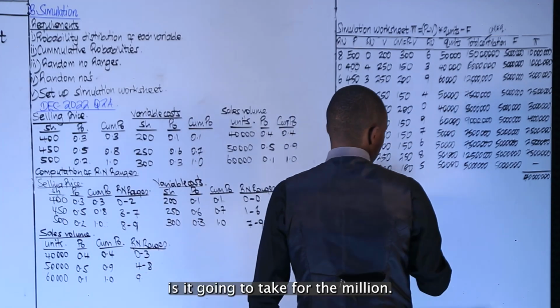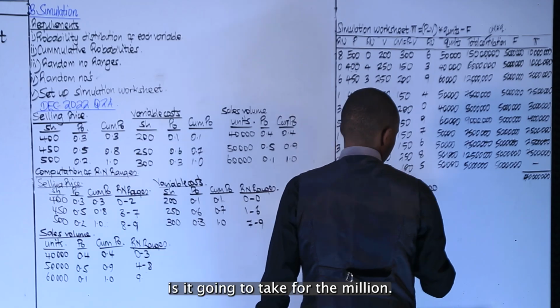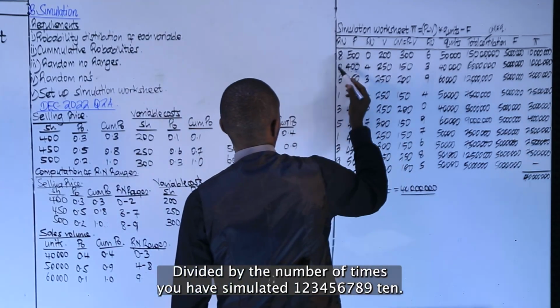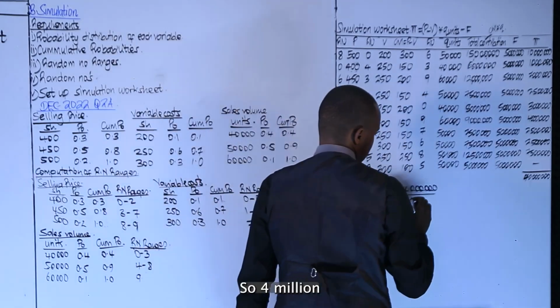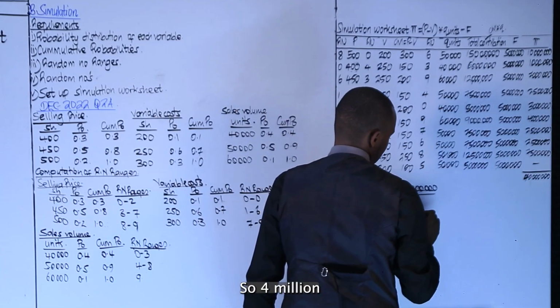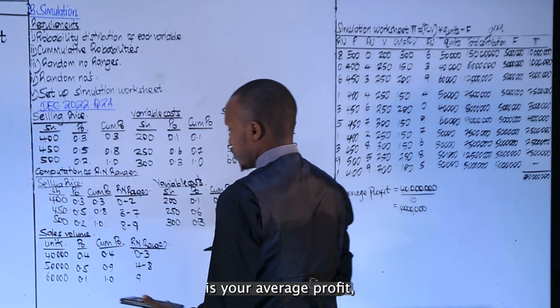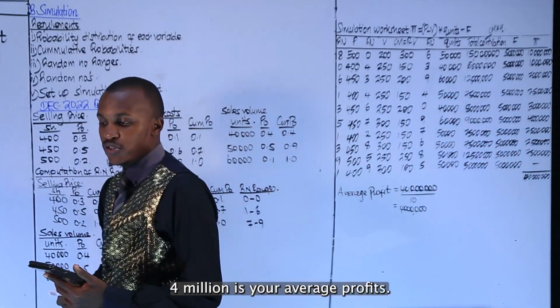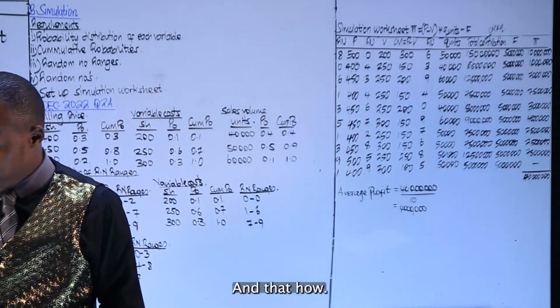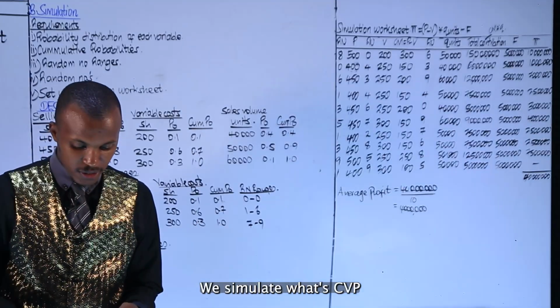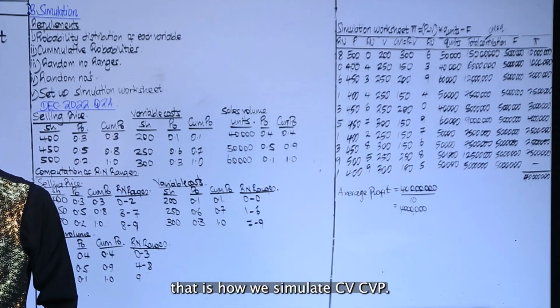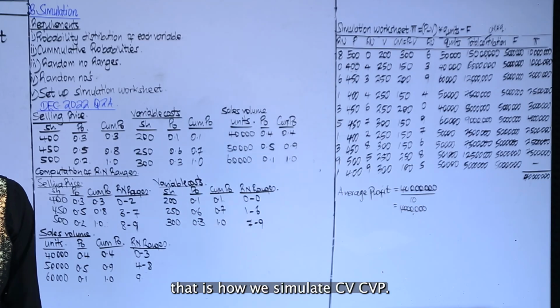Going to take 40 million divided by the number of times you've simulated: 1, 2, 3, 4, 5, 6, 7, 8, 9, 10. So 4 million is your average profit. And that's how we simulate CVP.